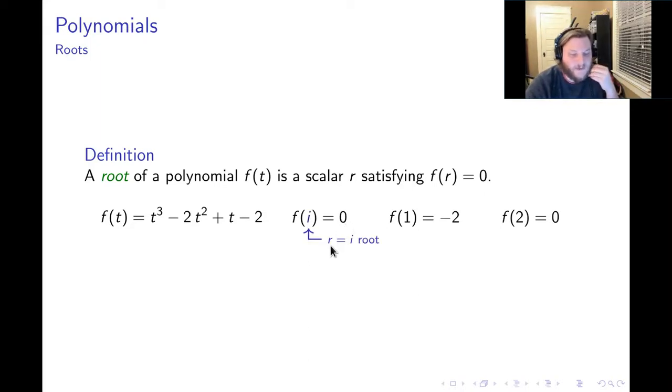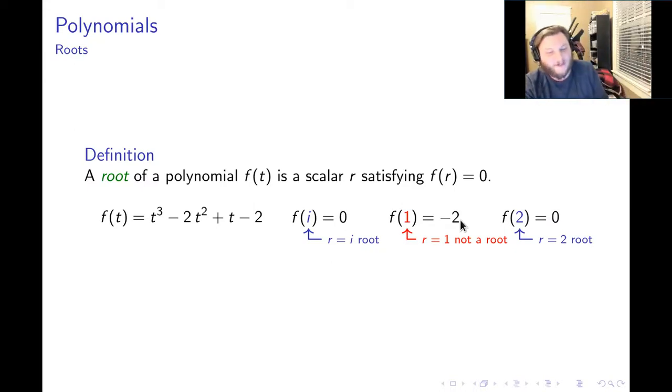So here we would say that r equals i is a root of this polynomial. Also, when I plug in the number 2 into the polynomial, we get 0 as the output. So r equals 2 is a root. On the other hand, if we plug in 1 into the polynomial, we produce the number negative 2, which is not 0. So the number 1 is not a root of this polynomial. So to verify whether or not a number is a root, we plug the number in and check if we get 0.